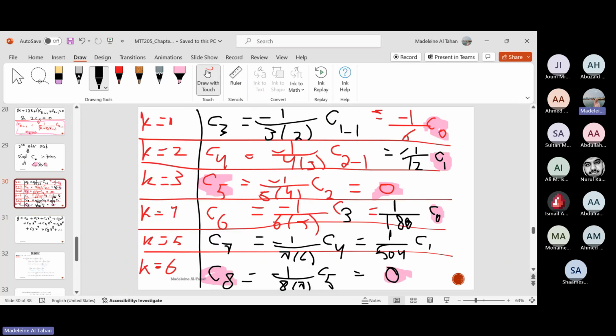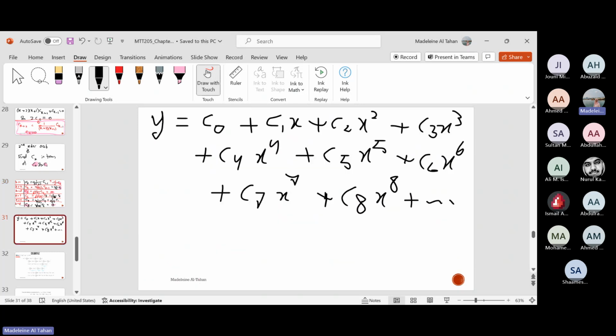First of all, I will get rid of the zeros. What are the zeros? C2 is 0, C5 and C8. Okay, miss? The first step, are we okay with it?